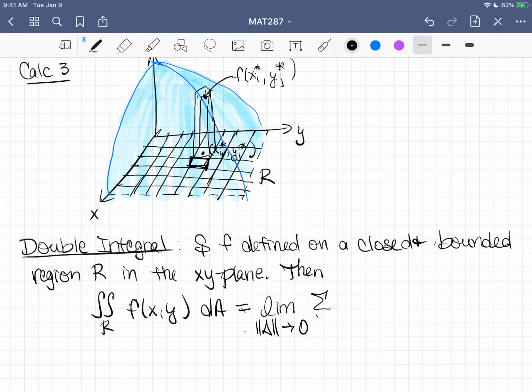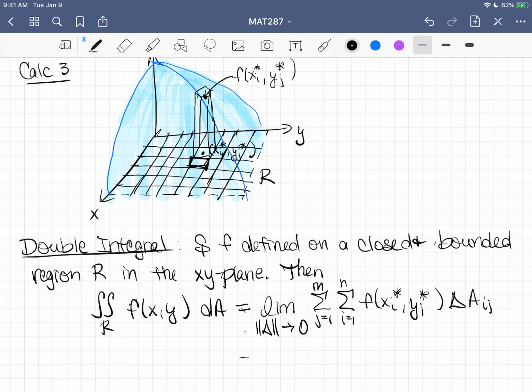of this double sum, j equals 1 to m, i equals 1 to n, of now f of xi star yj star delta aij. Okay, now your book doesn't bother considering the fact that your mesh might use a different number of intervals for the y-axis than it does for the x-axis.